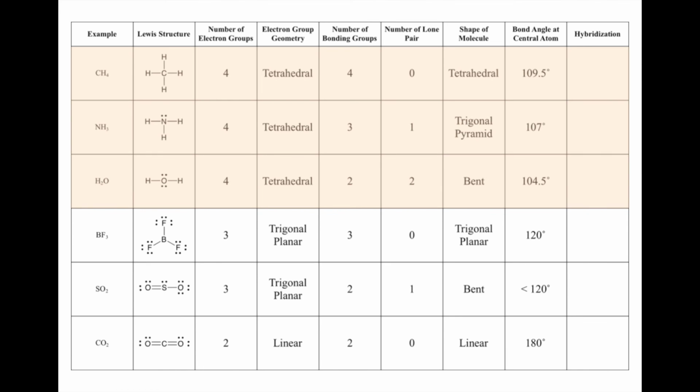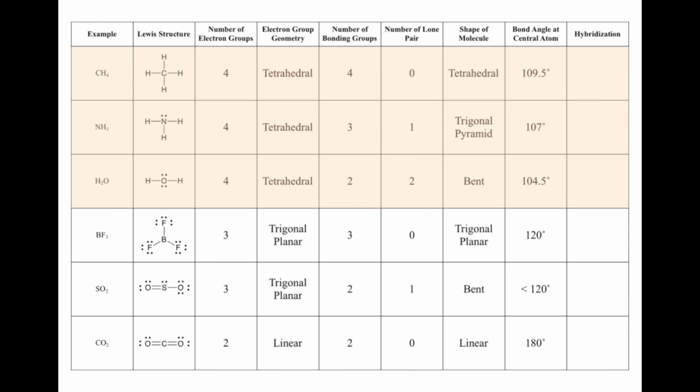Now, when we look at the three cases that we have for tetrahedral electron group geometries, the bond angle of 109.5 degrees in that tetrahedral structure is a very important bond angle that you know. When it comes to the bond angles for our combinations that we see for ammonia and water, the trend for the bond angle is important.